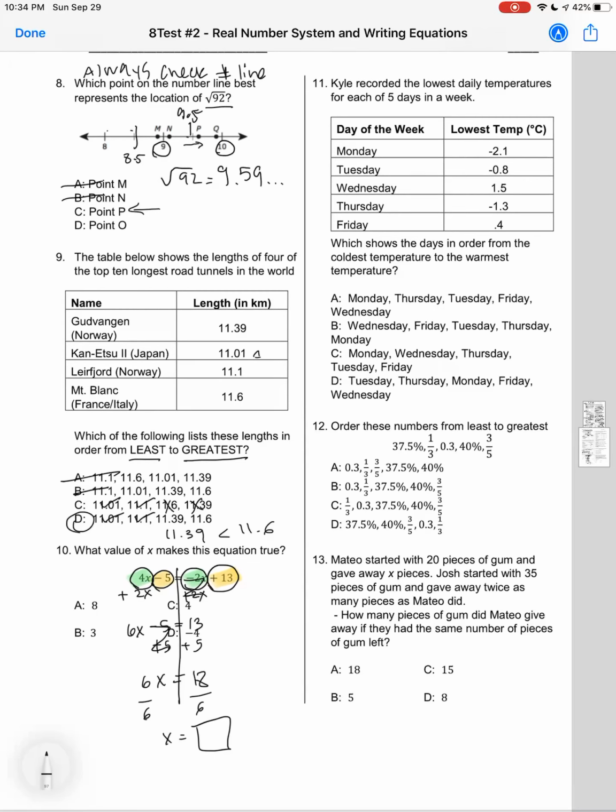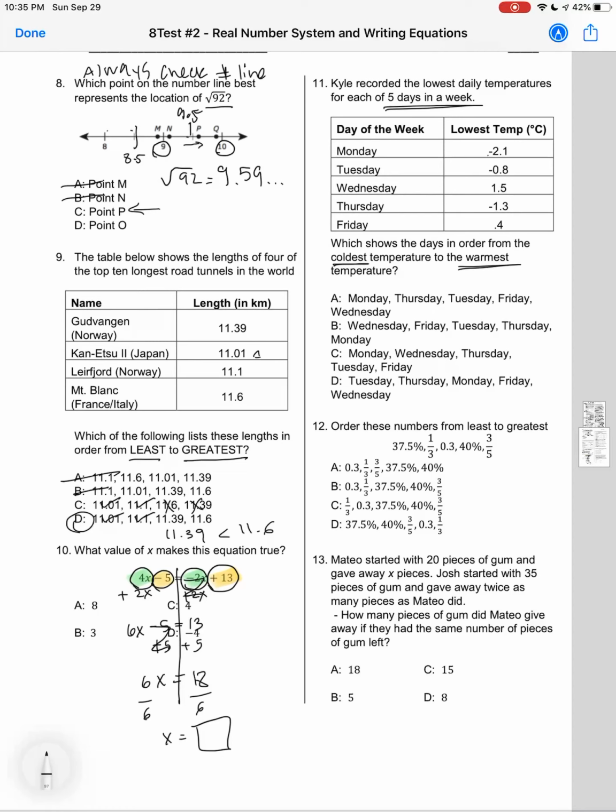Alright, so now we're looking at: Kyle recorded the lowest daily temperatures for each of 5 days in a week. Which shows the days in order from coldest to warmest? So we're going least to greatest. As I said, when you're looking at negative numbers, it's the ones furthest from 0, and positive numbers are closest to 0.